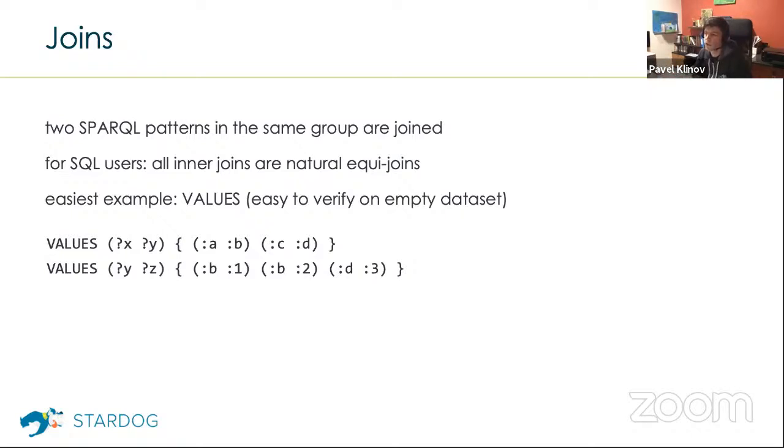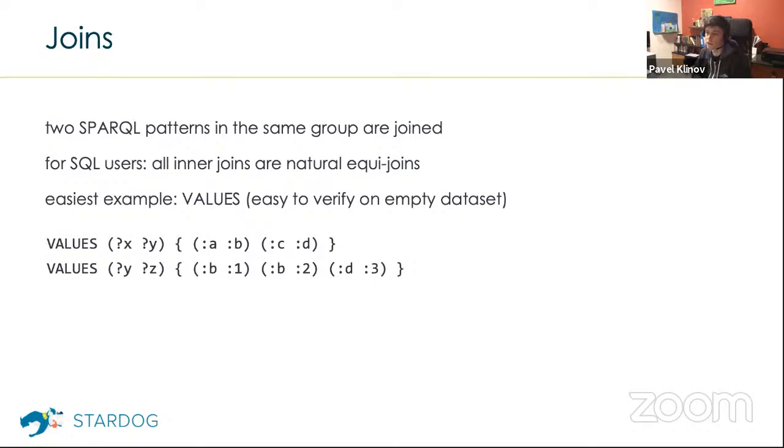In SPARQL, you don't specify the join condition. Instead, all joins have the implicit equivalence condition on the shared variables. So if there are two patterns in a SPARQL query in the same group which share a variable, then their results are joined on values of that variable.